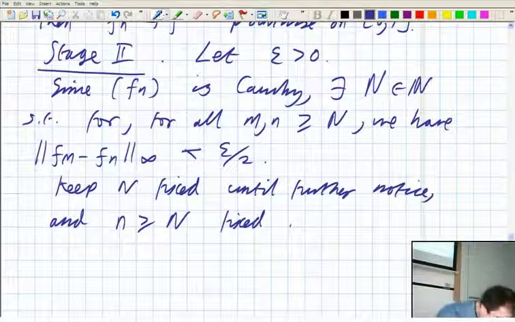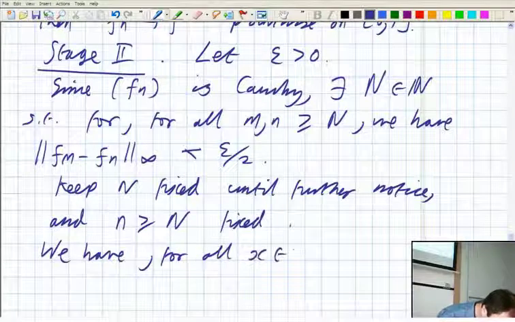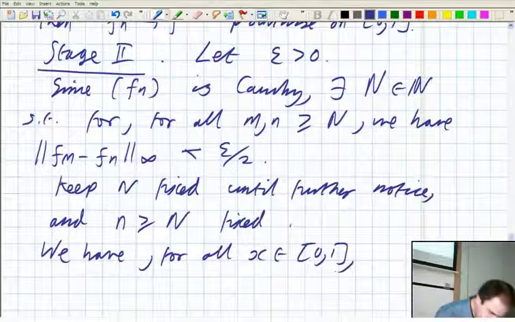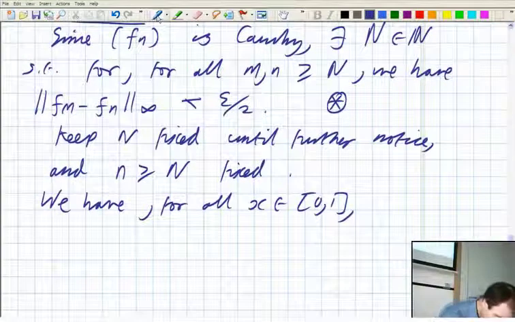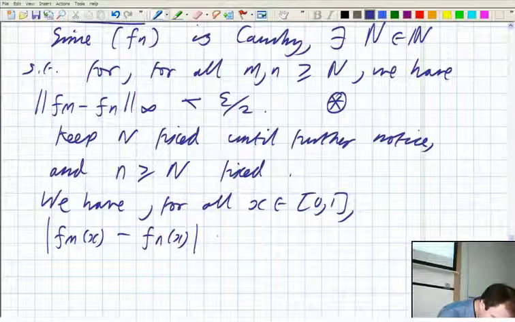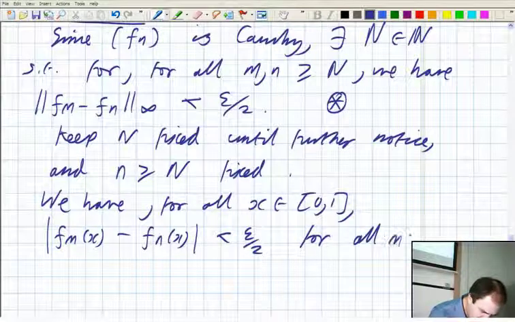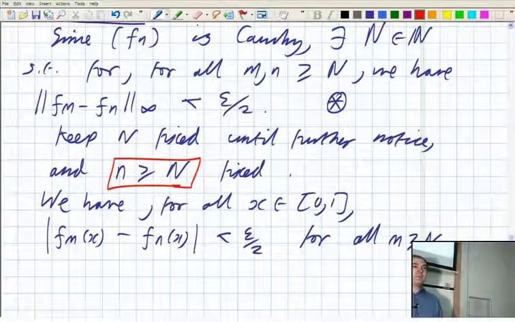What do we have? We have, for all x in [0, 1], let's call that star, modulus of fm of x minus fn of x is smaller than epsilon over 2 for all m greater or equal to N. Notice that I'm taking a particular n greater or equal to N for the moment.